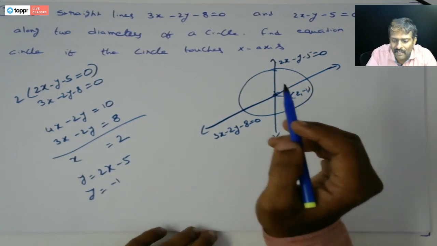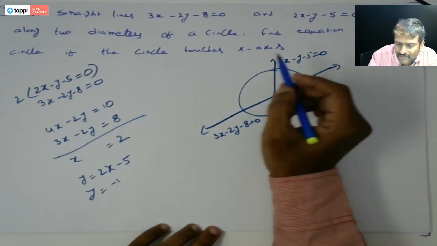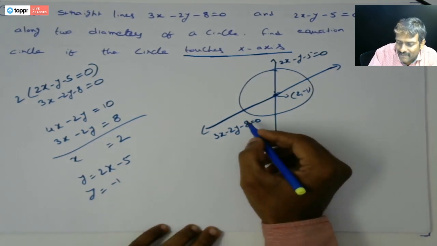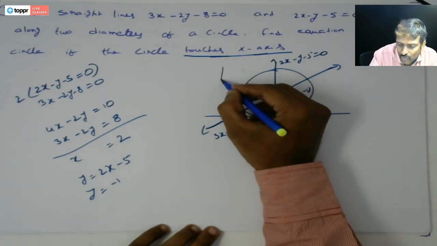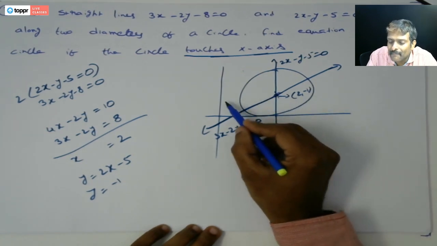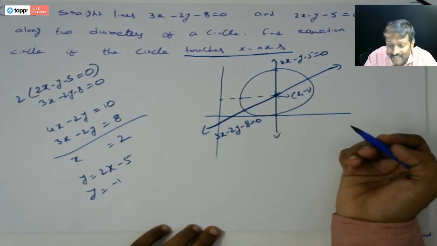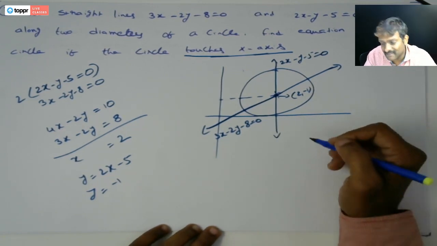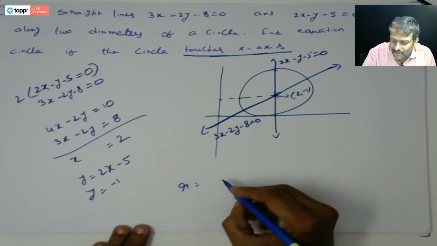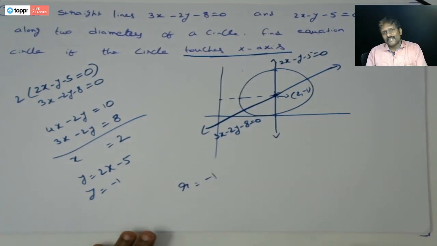But we have one more piece of information given to us, that it is touching the x-axis. We already know that when it touches the x-axis, the radius is nothing but the y coordinate of the center, as we have discussed. So here the radius of the circle is 1 in magnitude.